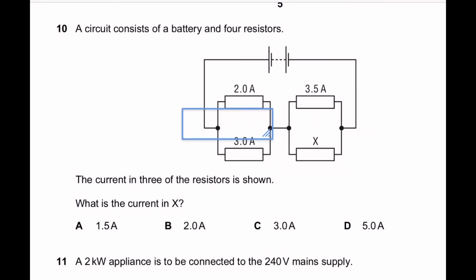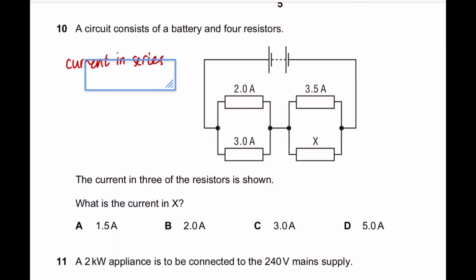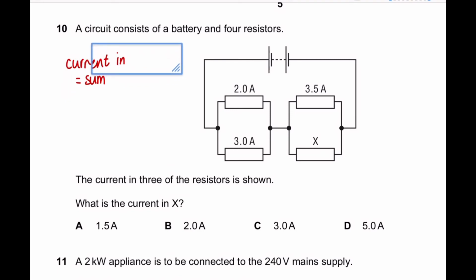Alright, now we know that the current in series is the sum of each branch, oh wait, hold on, it's not current in series. Terribly sorry, it's current in parallel.